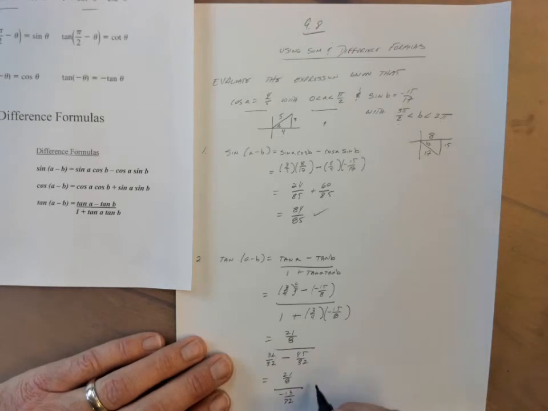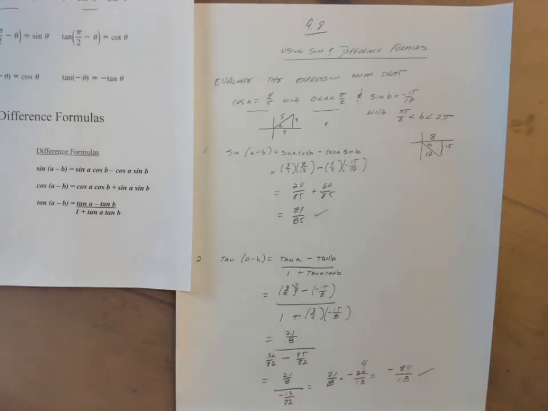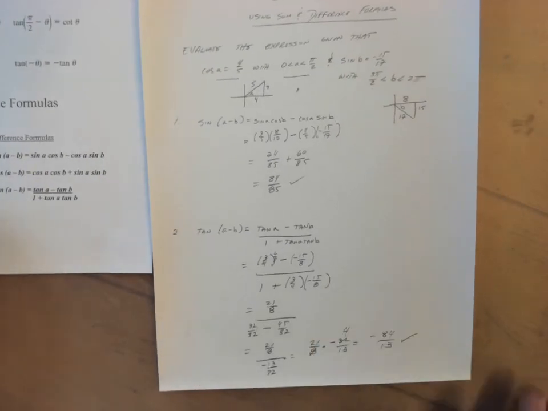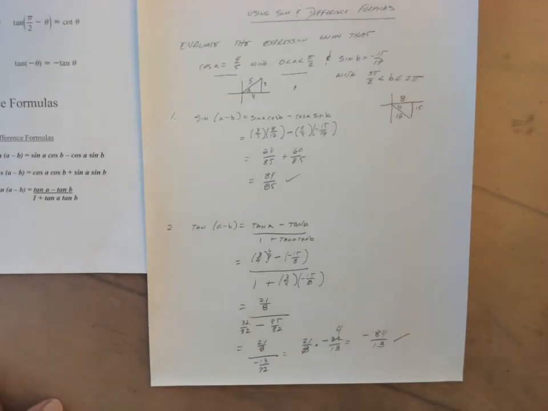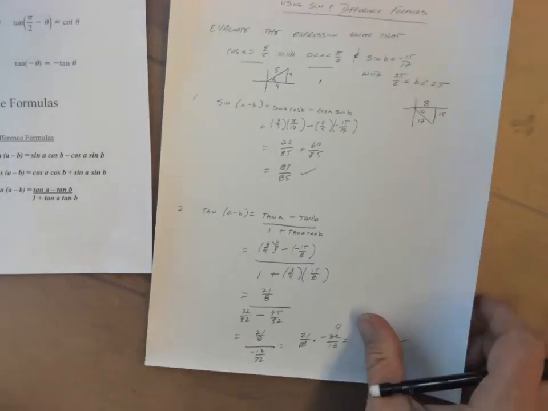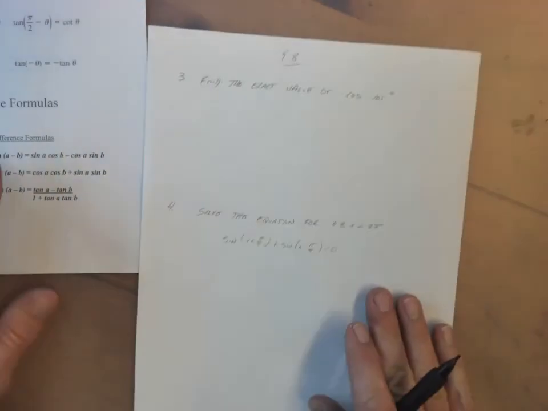So we'll flip this and multiply. 21 over 8 times negative 32 over 13. 8 divides into 32 four times, and we get negative 84 over 13. No, I think that was the right answer, so hopefully I didn't make an arithmetic mistake there that I didn't catch. Okay, let's move on to two other types of problems from this section.